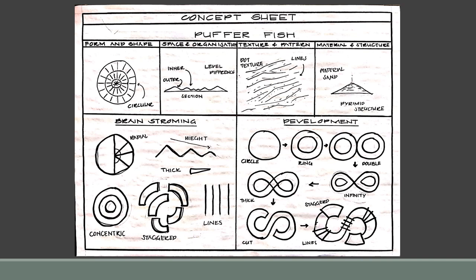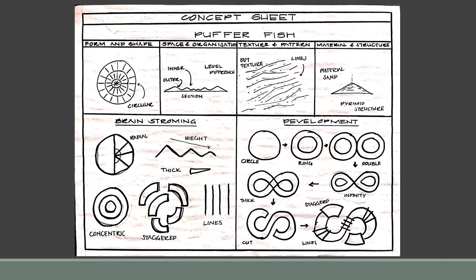So I did a little brainstorming and found these: radialism and height differences, concentric and staggered mannerism, and obviously parallelism. How I developed it was, first I got a circle from the main one, and I gave it a form, gave it a shape like a ring.